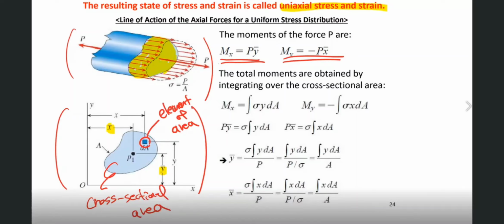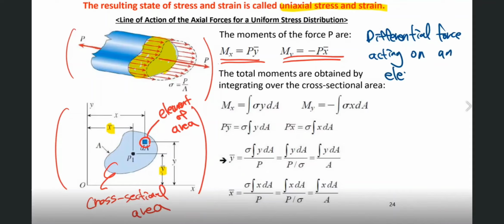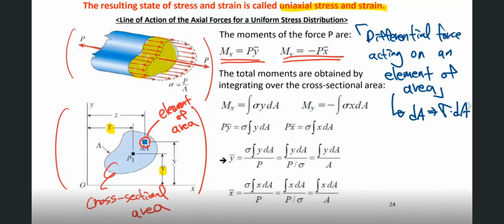So in this case, we can define that the differential force acting on an element of area, dA, is equal to sigma dA.